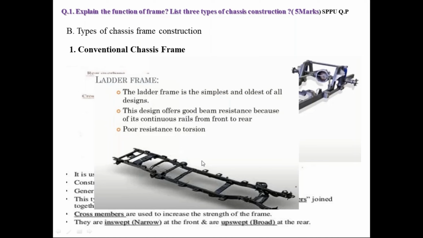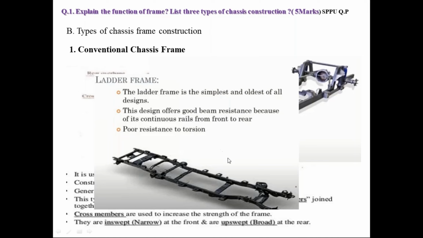So conventional type, in which a ladder is nothing but it seems like steps. So the ladder type of frame together constitutes two vertical angles, or a frame, and a transverse type of frame will be attached, maybe bolted over here, or either it will be welded or most probably riveted.